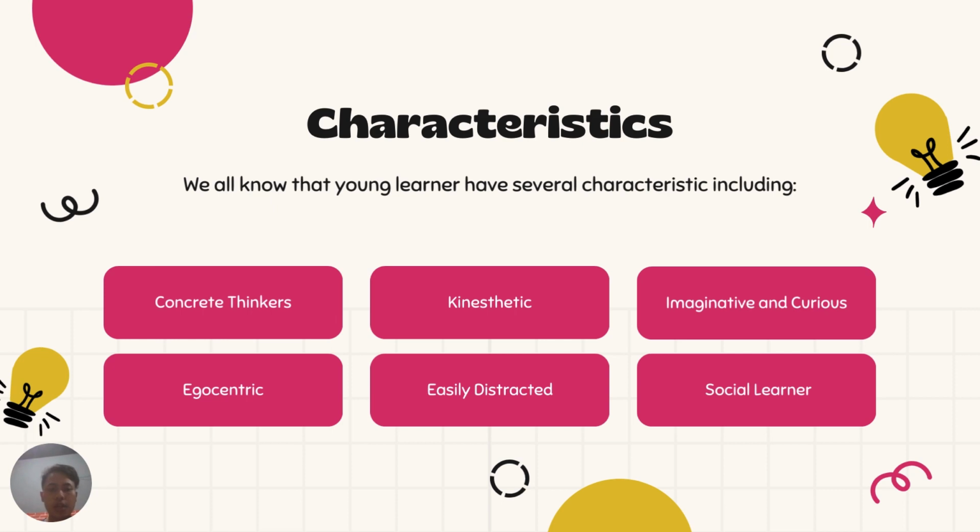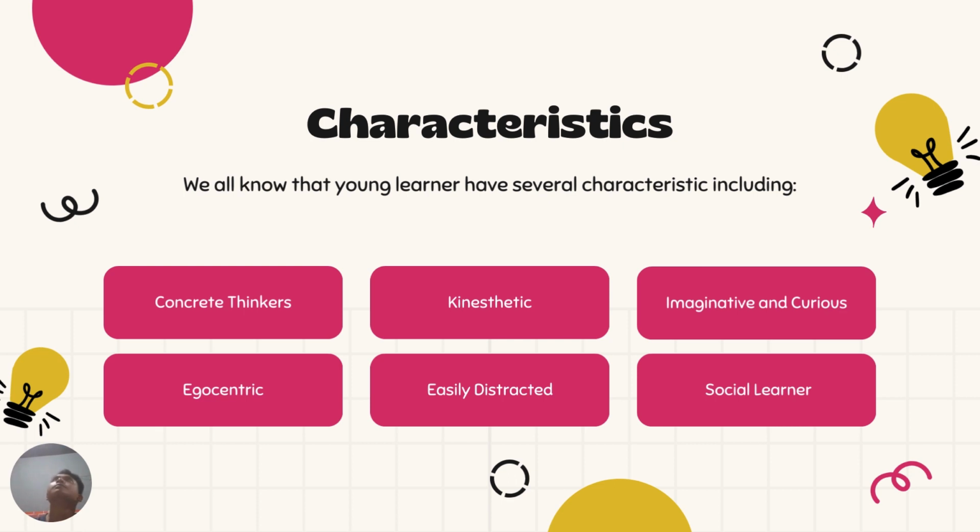And the third, kinesthetic, a learning process that relies on touch or taste to retrieve information and knowledge. Someone who has a kinesthetic learning style tends to like to do, touch, feel, move, and experience directly.